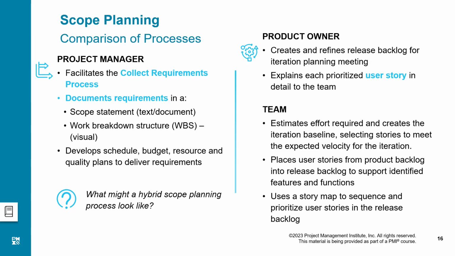Baseline means that they have decided this is the work and this is how we are going to sequence it. So they estimate effort and then the user stories which have been picked up from the product backlog are now populating the iteration backlog, and in between the iteration backlog and the product backlog is a release backlog.